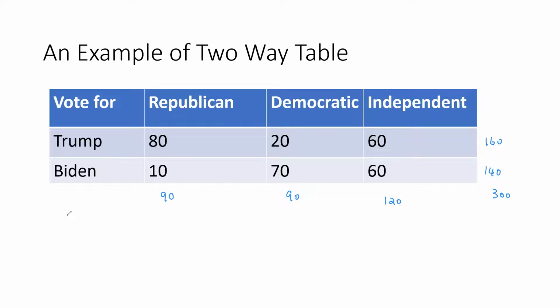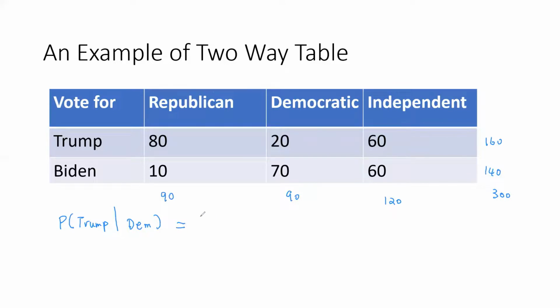Now we're interested in some conditional probabilities. The probability that somebody in this group would vote for Trump, knowing that this person is a Democrat.